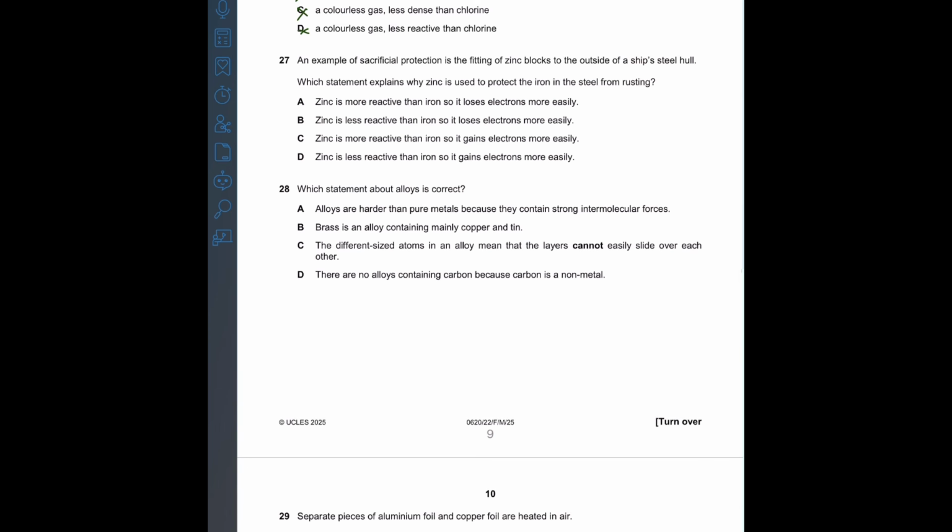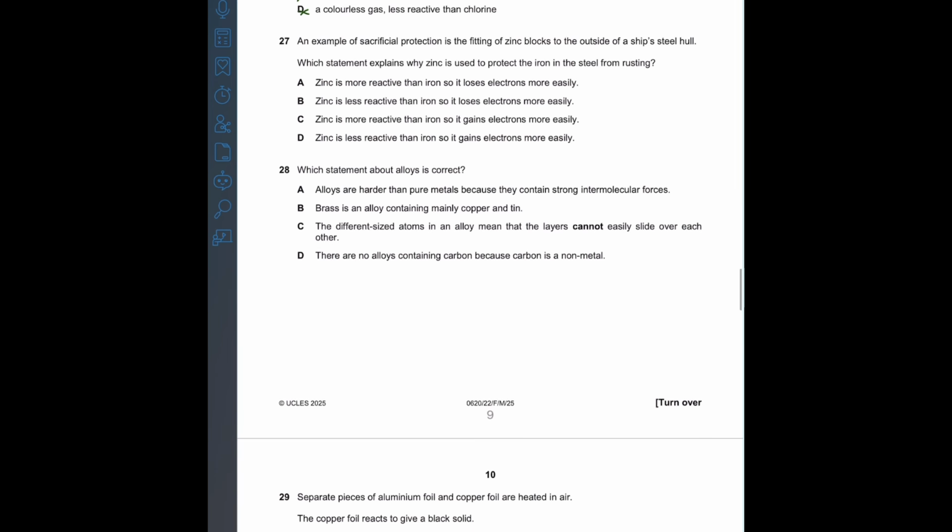Question number 27. An example of sacrificial protection is the fitting of zinc blocks to the outside of a ship's steel hull. So why does this happen? Why is zinc used to protect the iron? Because in rusting, if the zinc is attached to iron, zinc will rust before the iron.